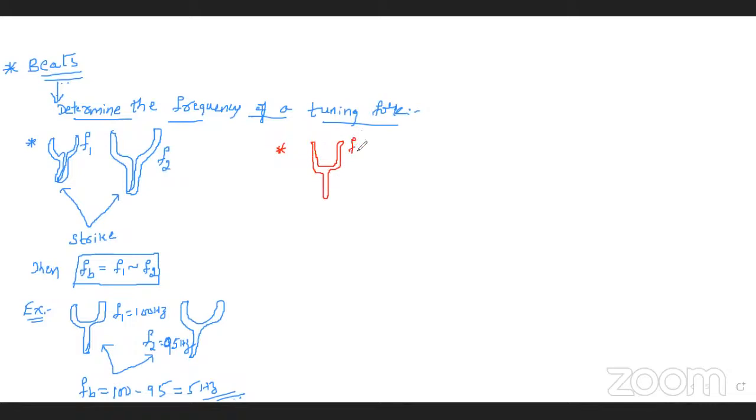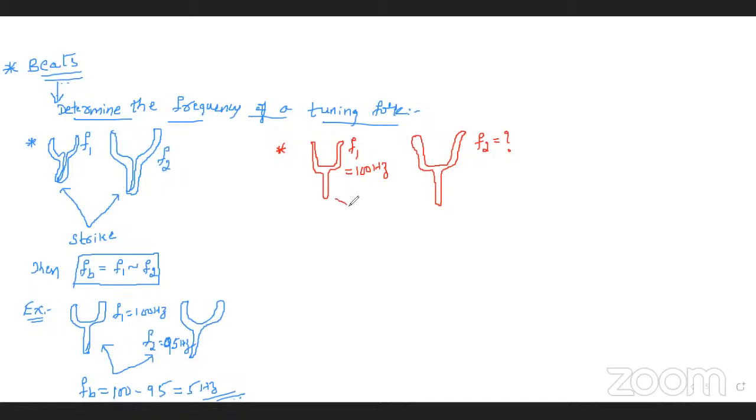This is the tuning fork of frequency F1. This is the second tuning fork of frequency F2. You have to calculate this. F1 I am giving 100 Hertz.